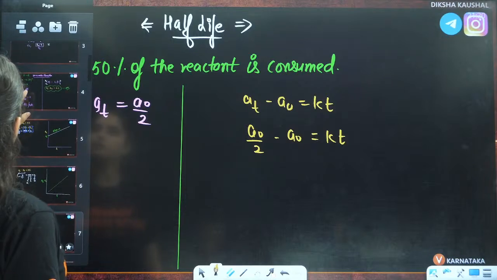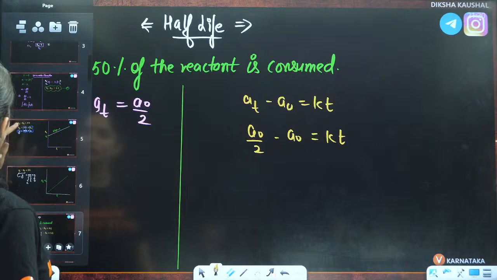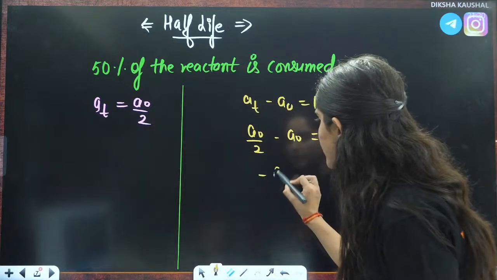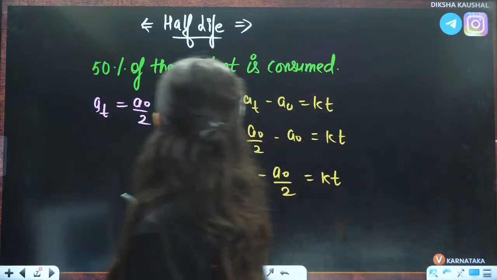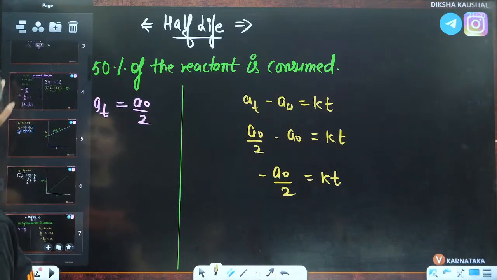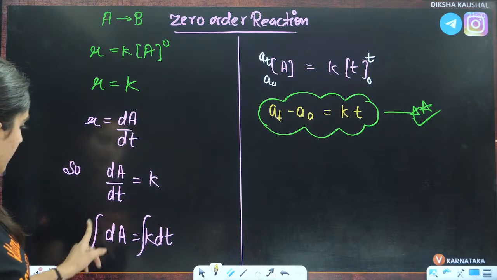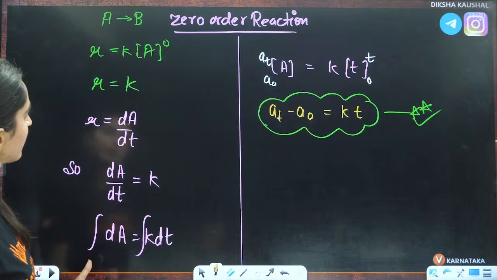A_t minus A naught, yes, okay. So now this will become minus A naught by 2 is equal to kt. Wait a minute. Let me see if this is A naught minus A_t.